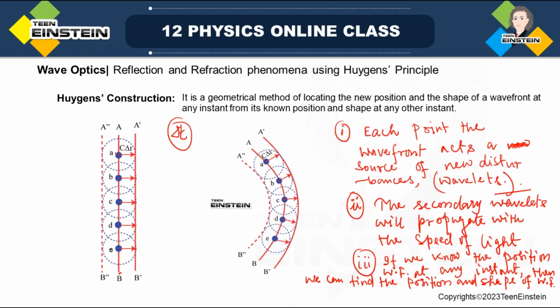what you have to do, then you look, we have to draw a common tangential surface to all the spheres, and you look that A prime B prime is that common tangential surface. So what I have said, you have to draw the spheres of radius c delta t from all the points.